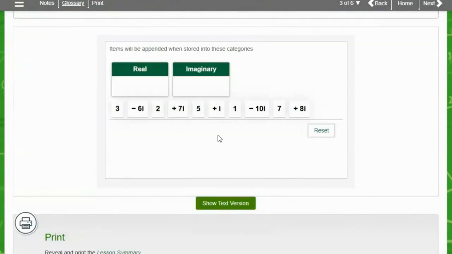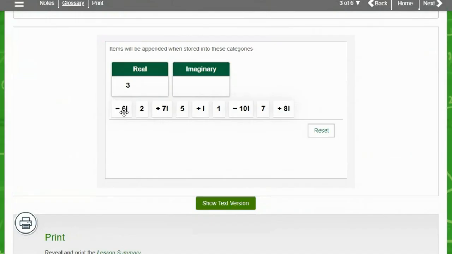So it wants us to divide those up. Okay, which part of these would be real numbers and which would be imaginary numbers? Now this should be as simple as it gets in this unit right here. If it's an imaginary part, it's got i. It's got an imaginary number. 3 is just a number. It's a real number. Negative 6i.